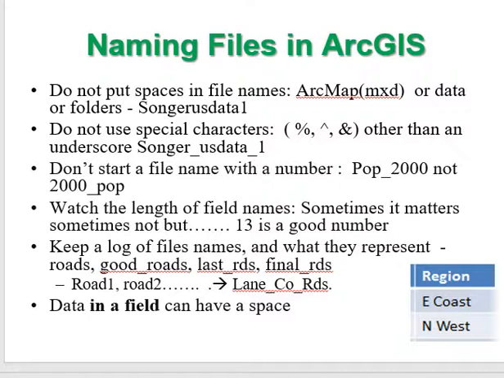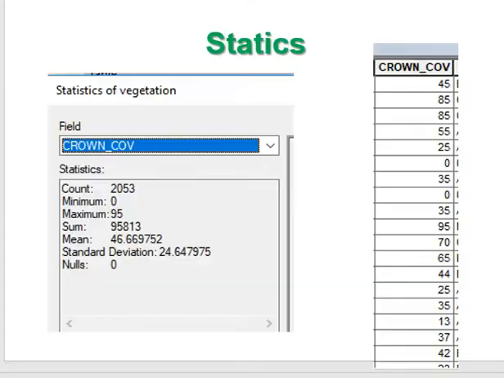It will truncate your field names, so sometimes you have to keep a data file of what those short field names mean. So if I wanted to do a field called crown cove, somewhere it says crown cove equals % of crown cover of fir trees.